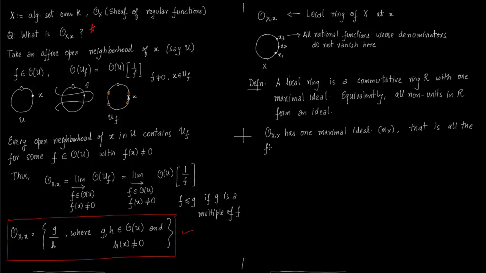So for example, at x3 you have the ring O_{X,x3}. So the maximal ideal of the ring O_{X,x3} is all those functions which have f(x3) equal to 0. Similarly for x2, similarly for x1.